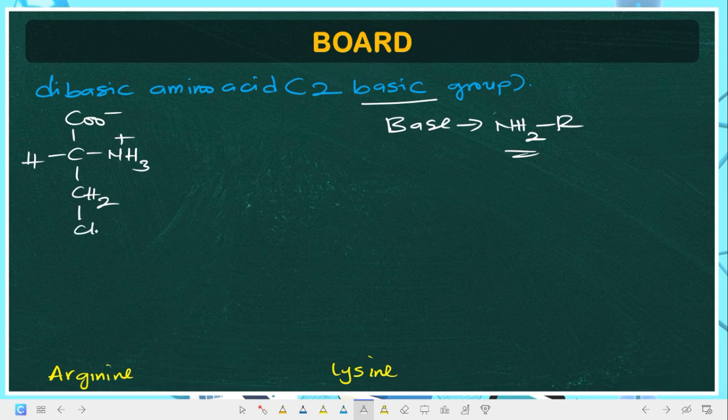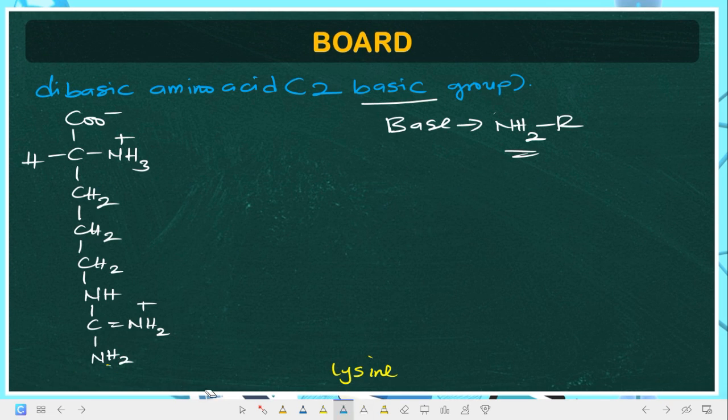So this is CH2, this is CH2, and then here you have N, H. Then here you have C, double bond NH2 positive, and then NH2. Now this is the structure of arginine.